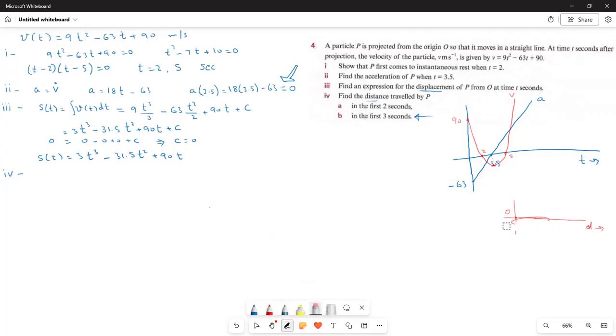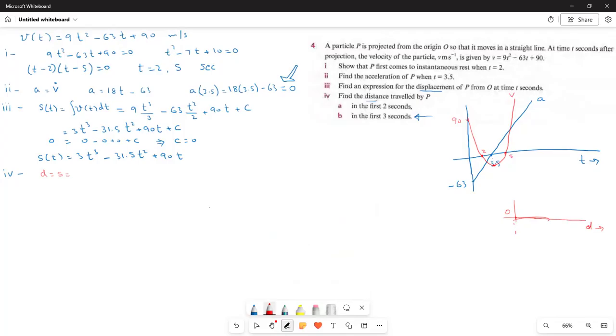Anyway, I'm trying to tell you that in the first 2 seconds, the distance and displacement are the same. So no worry, I will use this expression. The distance or displacement is the same at 2 seconds.